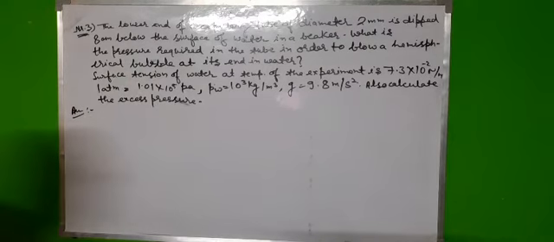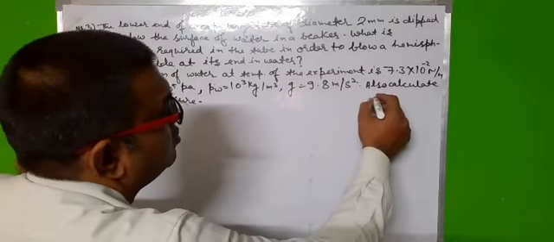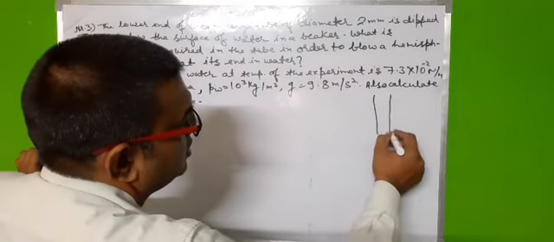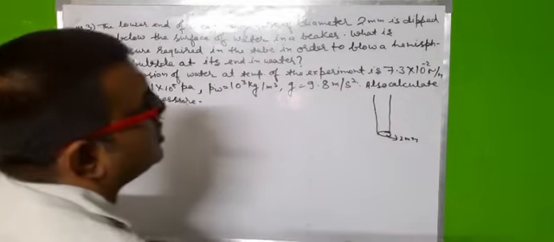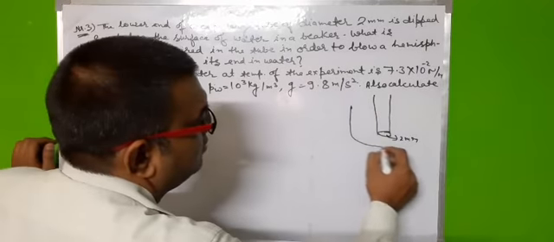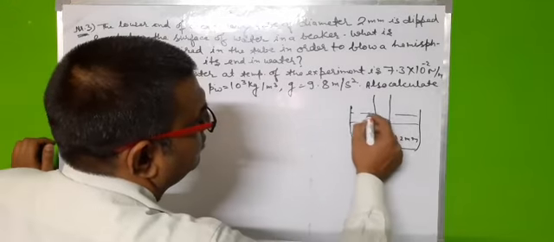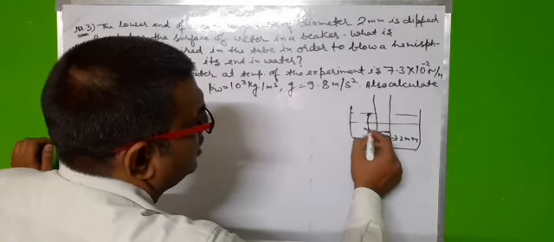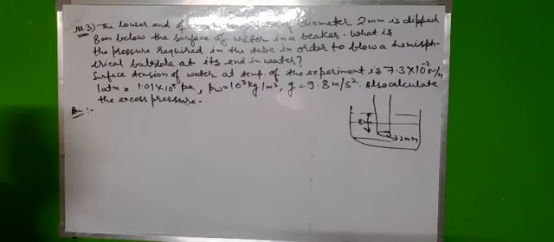The lower end of a capillary tube is 2 millimeter in diameter. There is a capillary tube, and its lower end has the diameter of 2 millimeter, is dipped 8 centimeter below the surface of water in a beaker. This height is 8 centimeter.